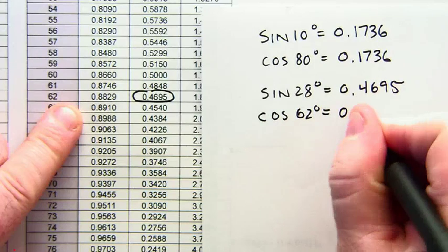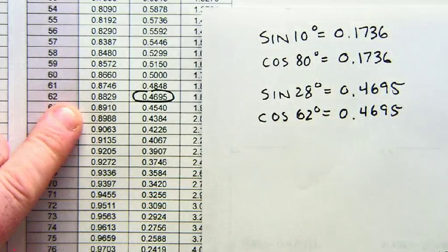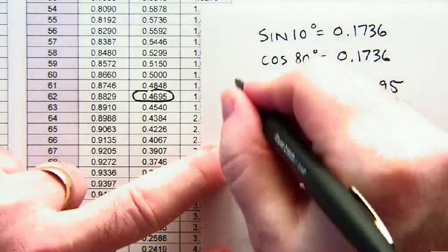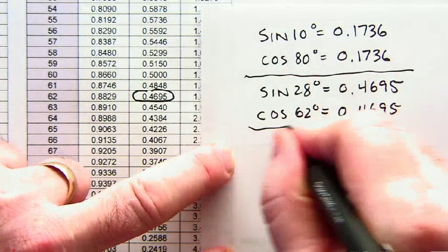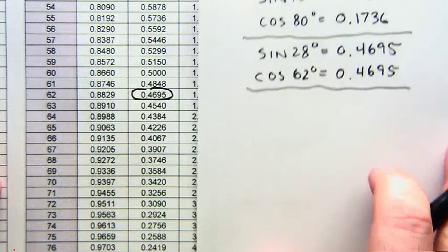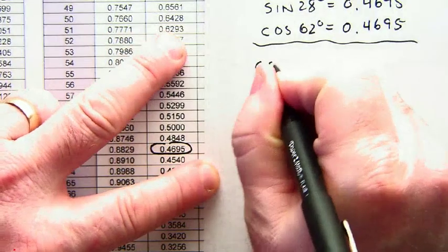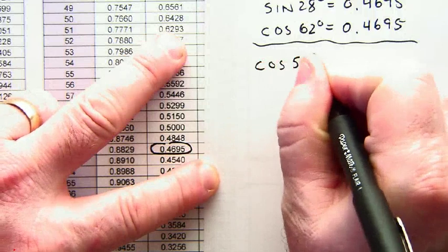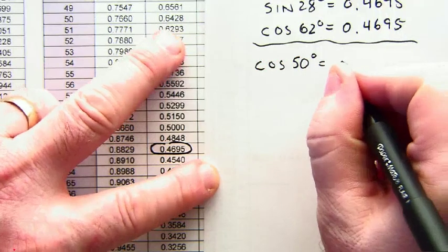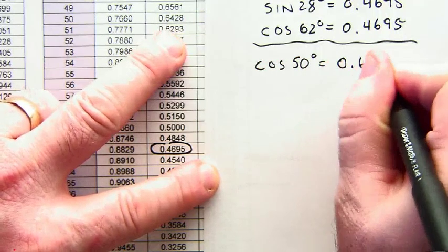Alright. I don't know, maybe somebody's seen something interesting in the pattern so far, but maybe not. Let's get a couple of results so we can talk about them. Let's do cosine first here. Cosine of 50, let's say. Cosine of 50 is 0.6428.